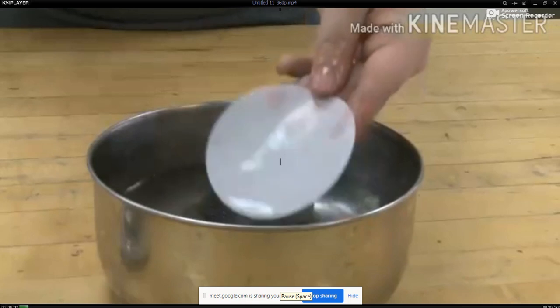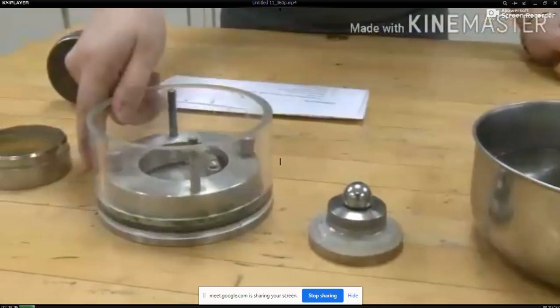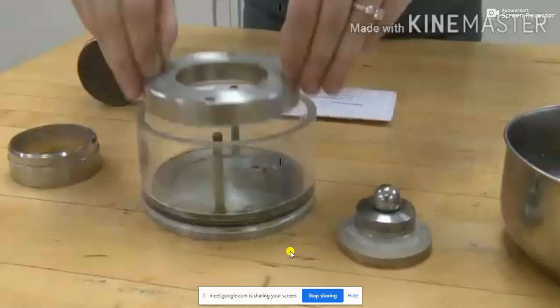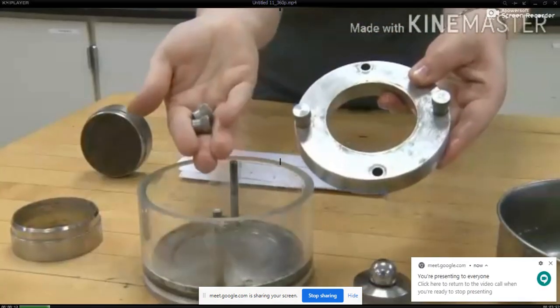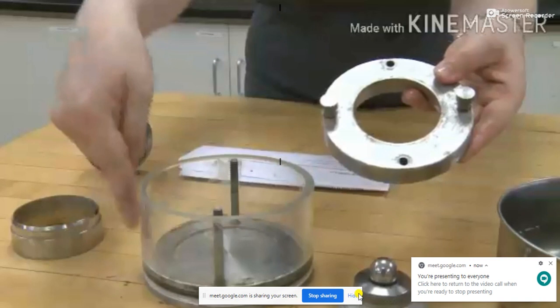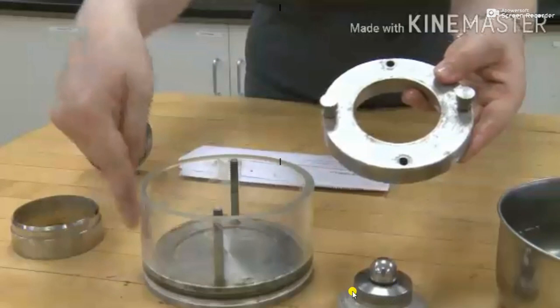In this video you can see how we can prepare a consolidometer sample. Before the consolidometer test, the consolidation test, we need one sample, and to prepare this sample we need some equipment. How can we prepare this soil sample?